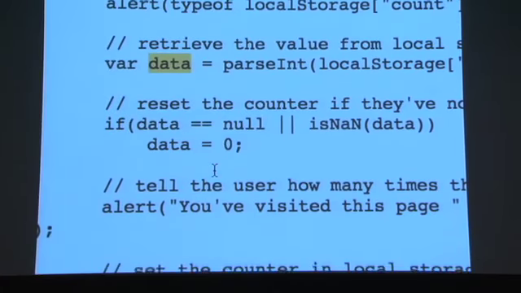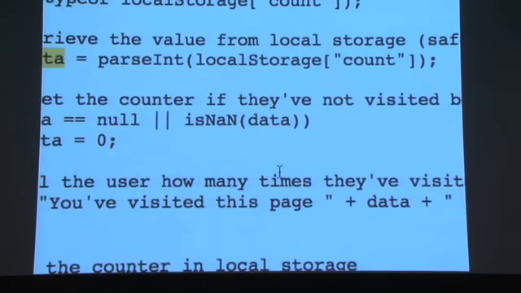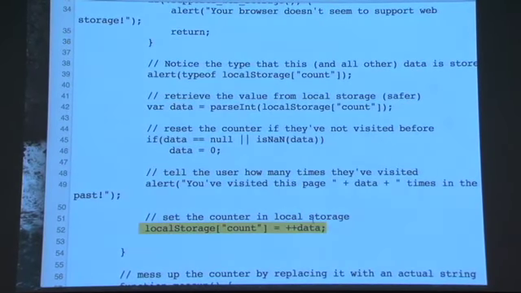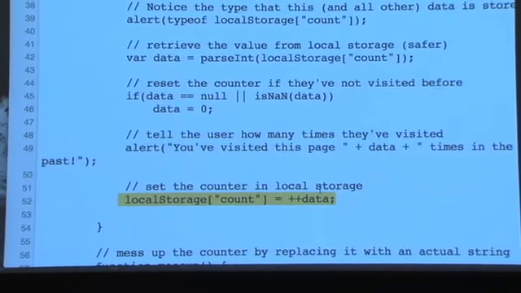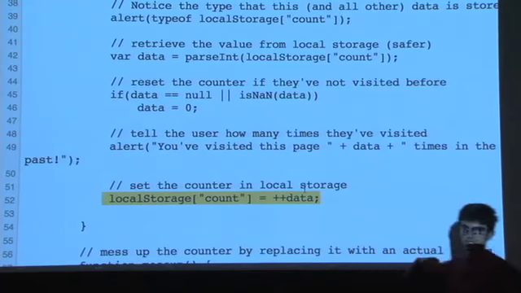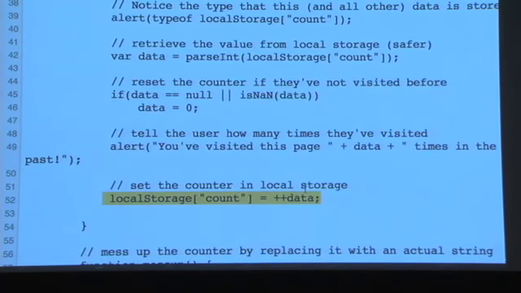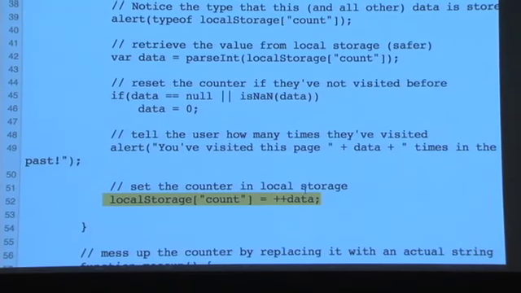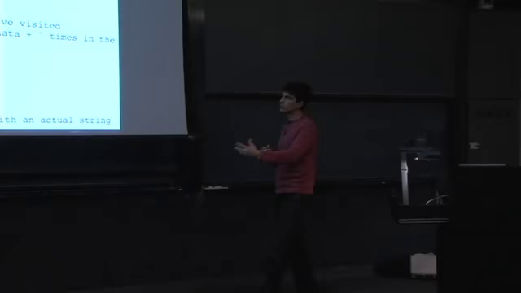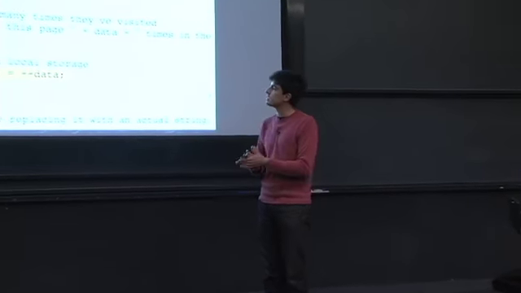And then from there, I can tell the user how many times I visited that page, and I can continue on from there. I actually store now the reset counter, increment the value by 1, and store that into the local storage count. So in this way, we're able to protect ourselves. So if you're using local storage and you're just storing an actual string, you don't really have to explicitly convert it because it's going to be safe.